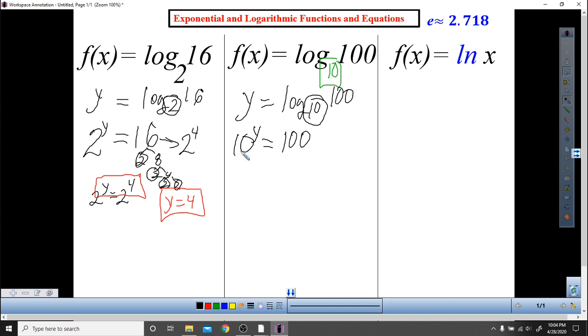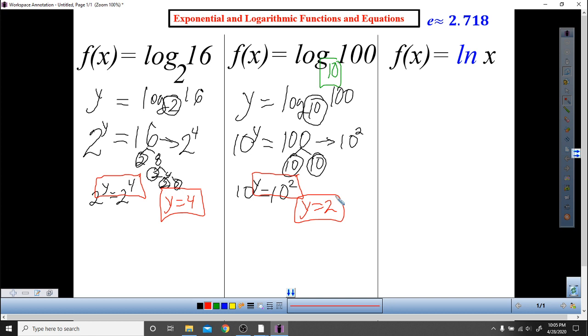No, this is base 100, this is base 10, so that means I need to divide this by 10. 100 divided by 10 is 10 and 10. Okay, so how can we write 100? 10 to the second power, so this is 10 to the y equals 10 to the second power, and right there now we can actually solve. So this is y equals 2. So far so good? Yeah, right?